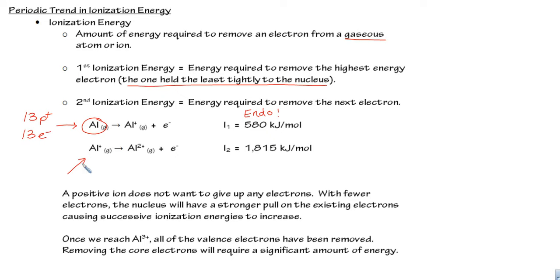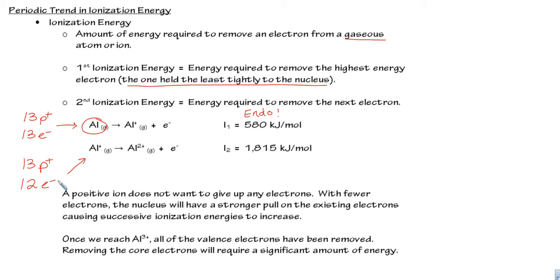Now let's look at the aluminum plus 1 ion. There are still 13 protons, but you've lost an electron, so now there's only 12. The nucleus is the same, but in this plus 1 ion, we've got fewer electrons. Well, with fewer electrons, there's more of a pull coming from that nucleus.